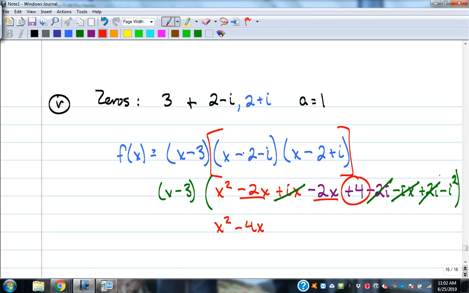And then this and this go together. What does i squared? Remember i is the square root of negative 1. i squared turns into negative 1. So that's 4 minus negative 1 is what that turns into. So 4 minus a negative 1 would be 4 plus 1, which is 5.